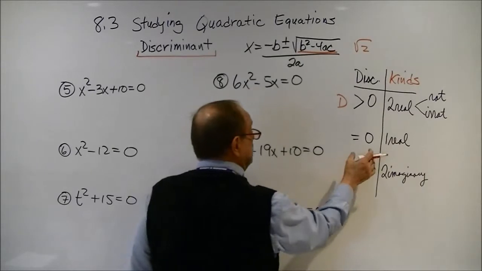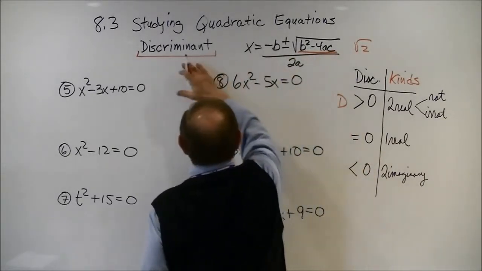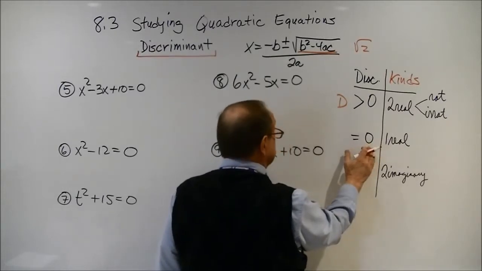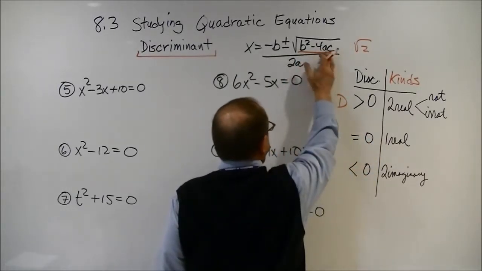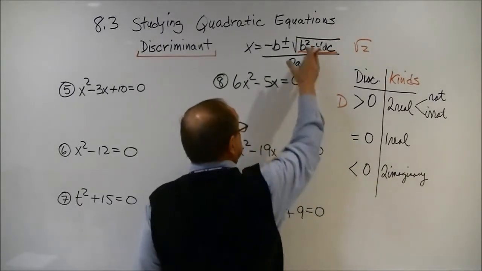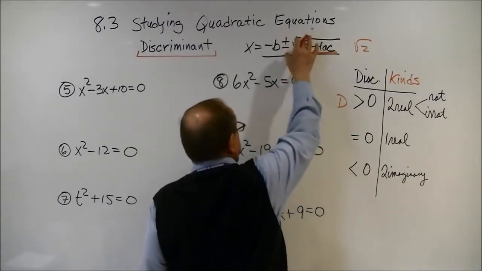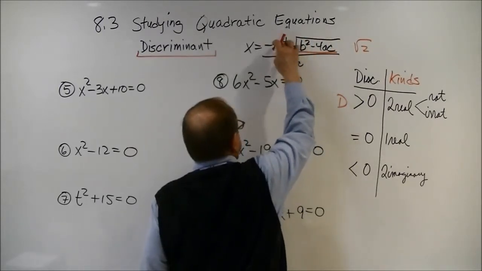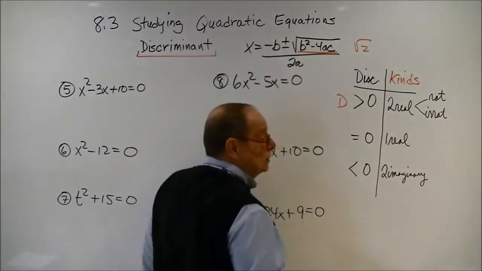Now, if your discriminant, the radicand here, equals 0, then it's going to be plus or minus 0. You're only going to get one answer out of this, because you're not going to have 2 choices. This is 0, so it's just negative b over 2a. That is your answer.